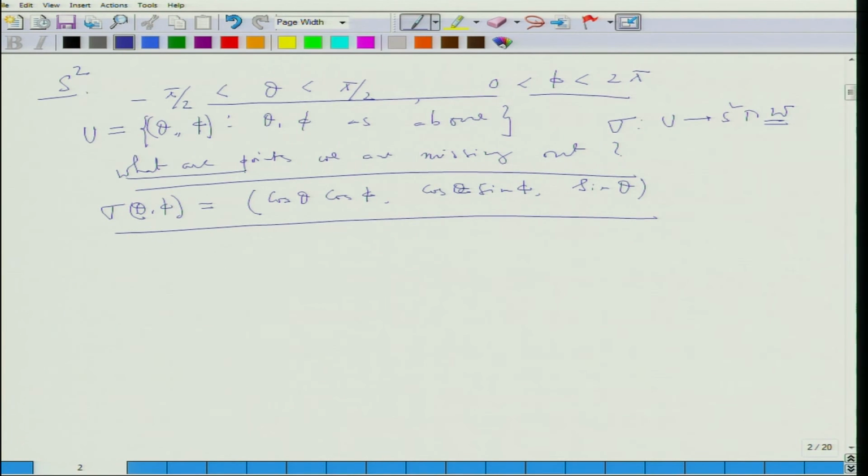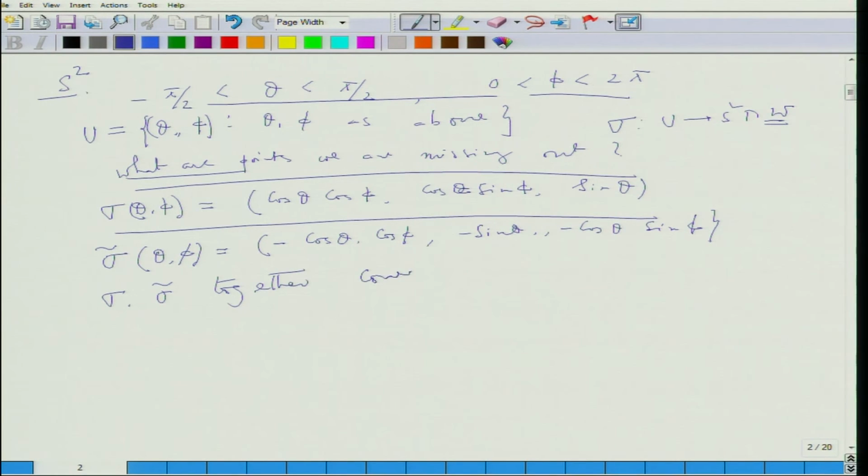But as we are missing out certain points, I actually need another sigma tilde to cover the entire sphere, which is (minus cos theta cos phi, minus sin theta, minus cos theta sin phi). Sigma and sigma tilde together cover S2, and there will be many points in the intersection. So, what are the points in the intersection?